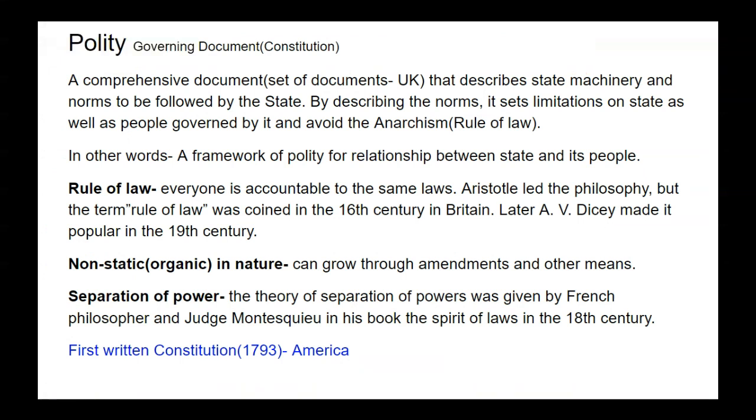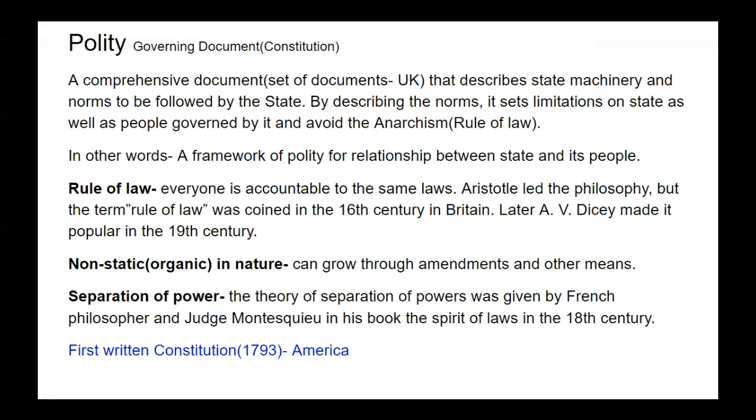By describing the norms, it sets limitations on the state as well as people governed by it, and avoids anarchism. So it gives the rule of law in a territory or a region. In other words, constitution is a framework of polity for the relationship between state and its people.